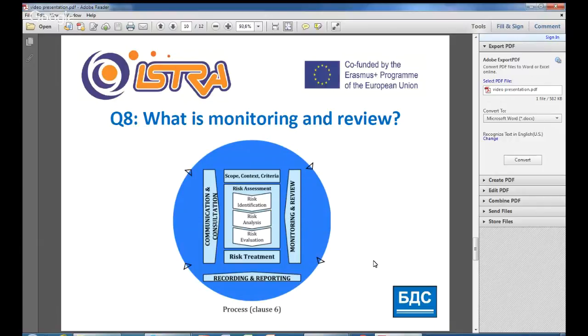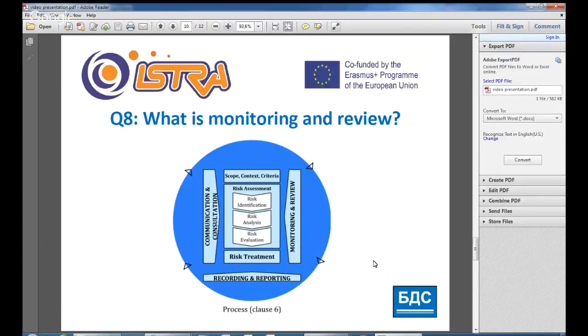Based on this feedback information and data, in the next act phase, decisions are taken. What actions are necessary to improve the processes and their performance and to achieve better results?